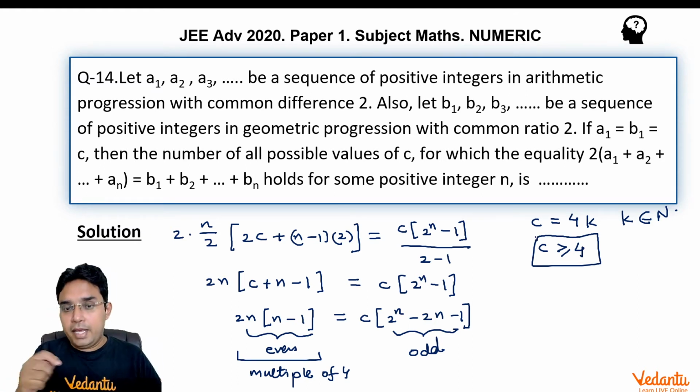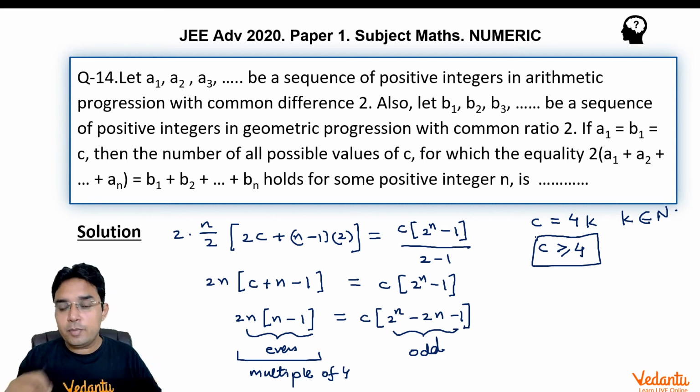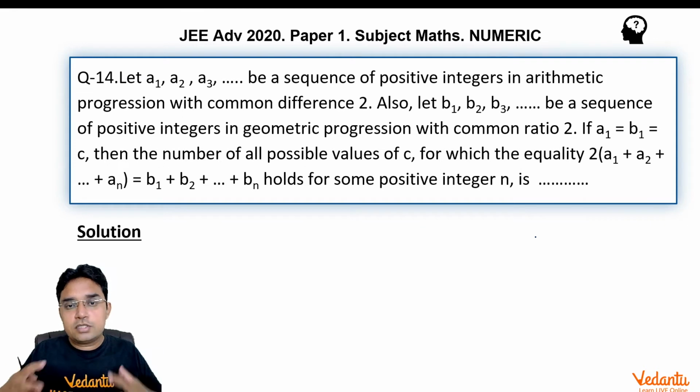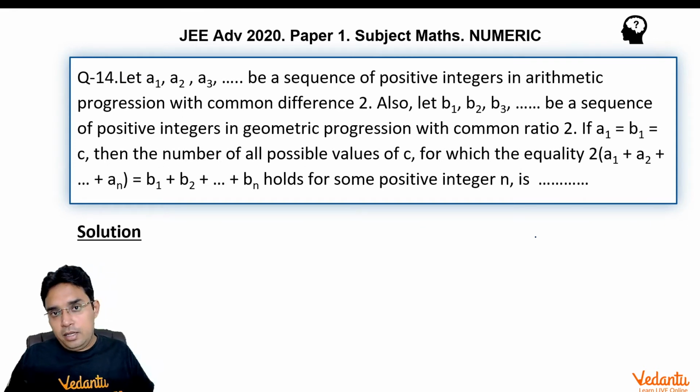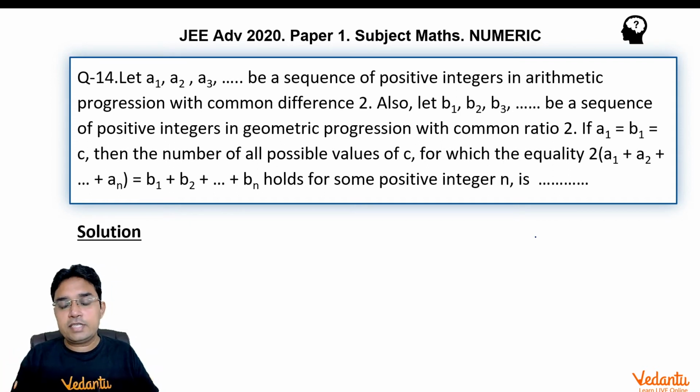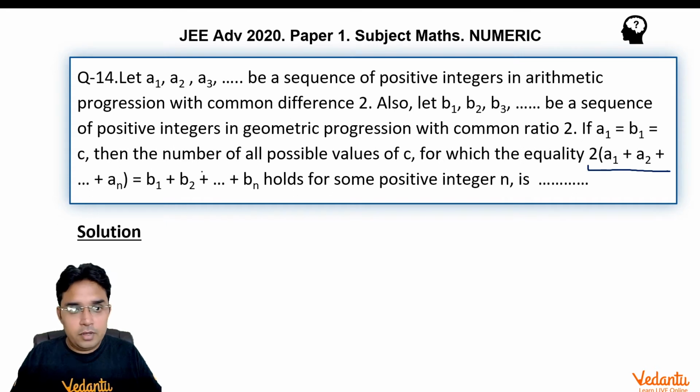Now next I will try to see what values of n are possible to make the sums on both sides equal. So let us see how we can at least reduce some values of n, to know which n will satisfy, so that the left hand side becomes equal to the right hand side. Here you can notice that your left hand side is the sum of an AP with common difference 2.